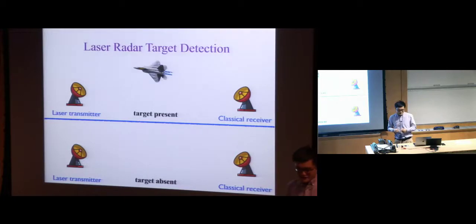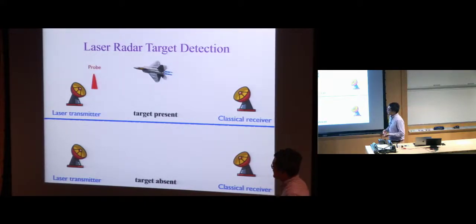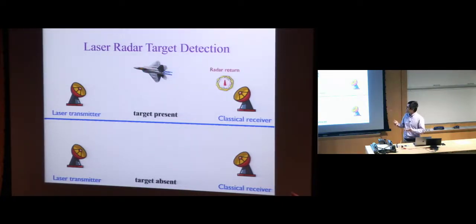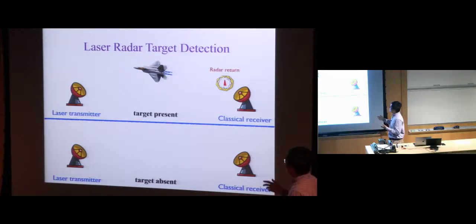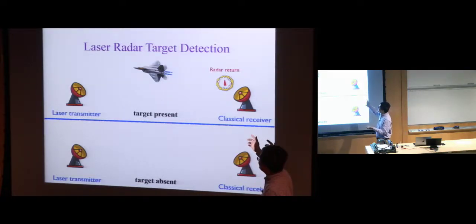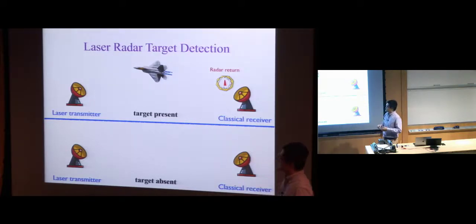To do so, you're going to use a classical transmitter. Here it is just a very simple laser. You produce a pulse, and you shoot the pulse towards the potential location of this target. If the target is present, as in the top panel, what you're going to have at the receiver, which is a classical receiver, is a very small portion of the original signal coming back to your receiver.